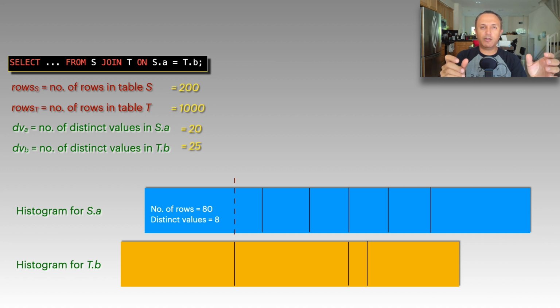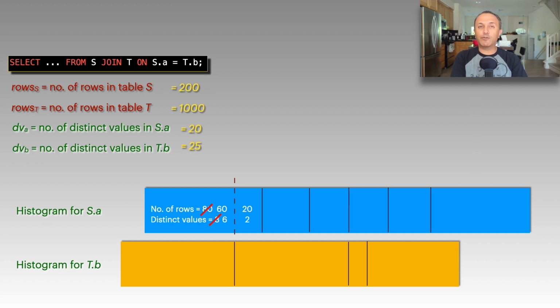So based on where we're splitting it, the ratio of that split based on the bucket size and where that lies in the bucket, we're going to split the number of rows and number of distinct values accordingly. In this case, for example, we're going to end up with 60 rows in the first part and 20 in the second part, 6 distinct values in the first part and 2 in the second part, depending on where the split is with regards to the boundaries of the bucket.